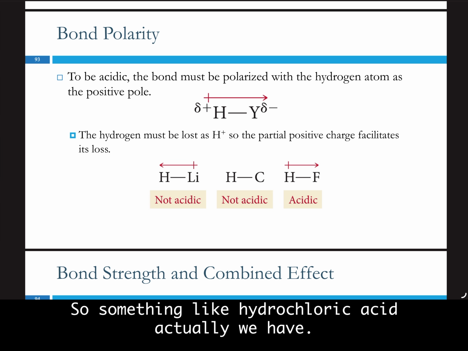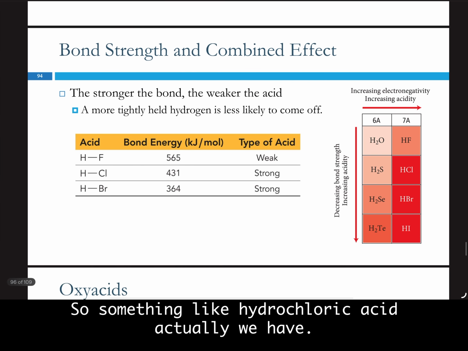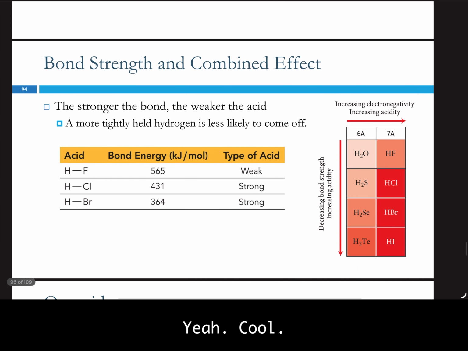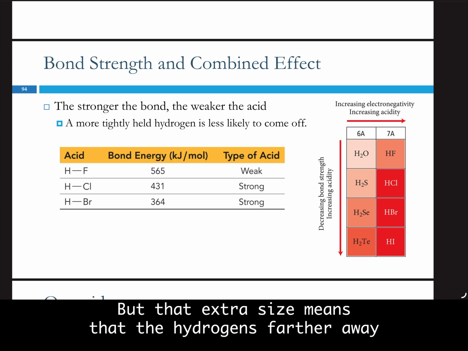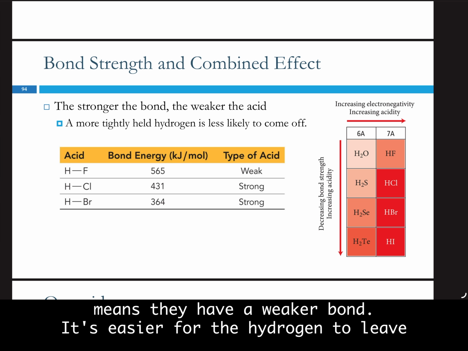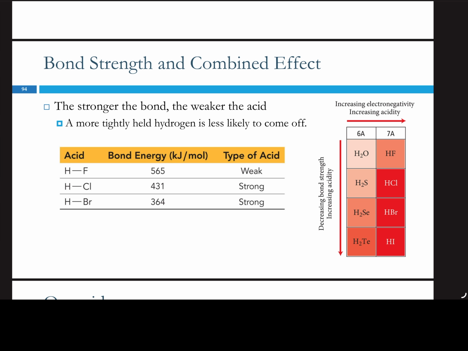So something like hydrochloric acid, chlorine, is a much bigger atom than fluorine is. Also very electronegative, but that extra size means that the hydrogen's farther away, means they have a weaker bond. It's easier for the hydrogen to leave.